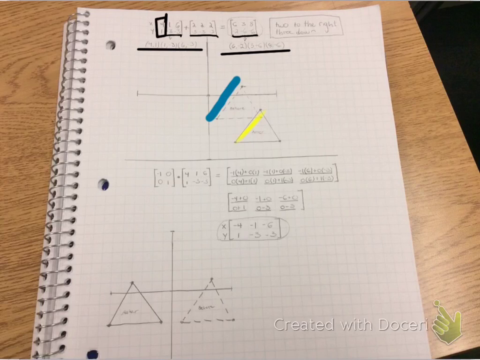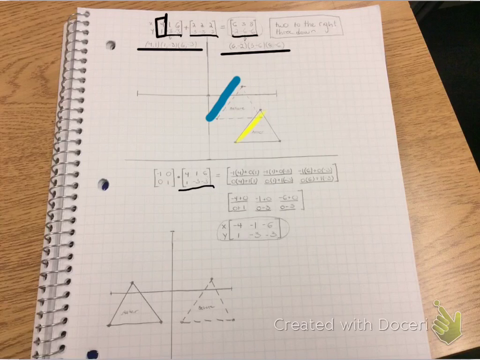In our second problem, we start out with the matrix 4, 1, 1, negative 3, and 6, negative 3. We transform it by multiplying it with the matrix negative 1, 0, 0, 1.